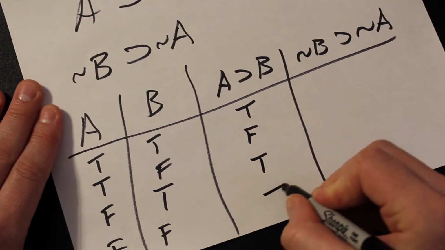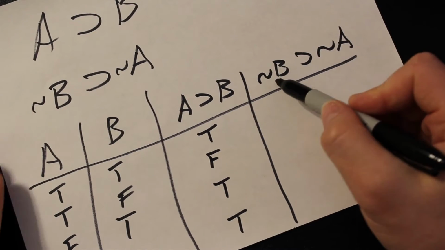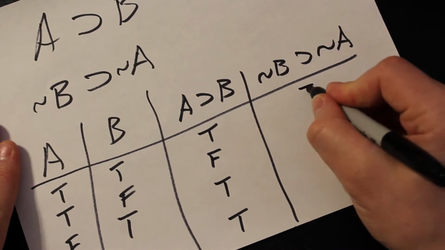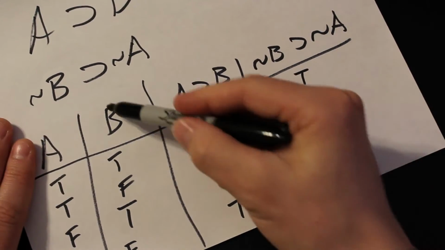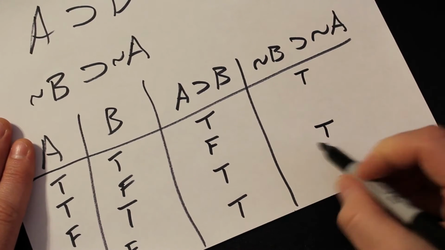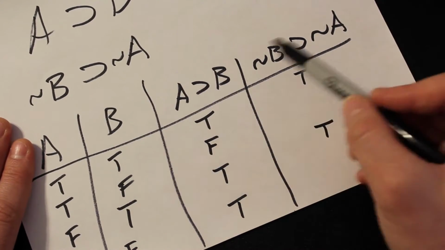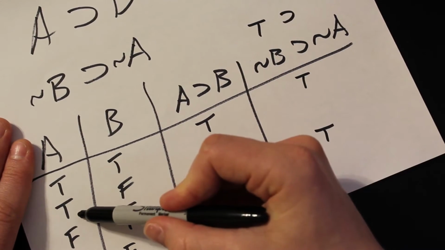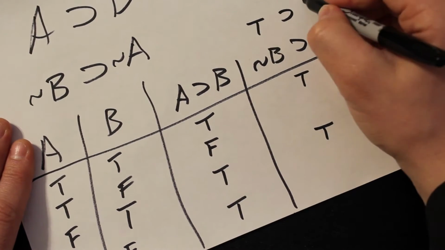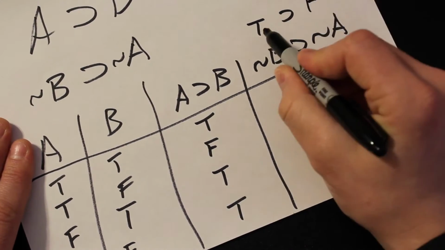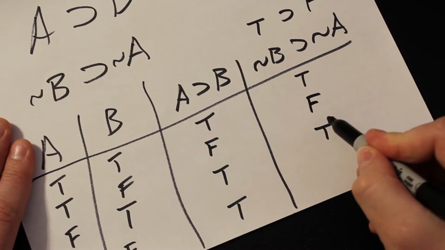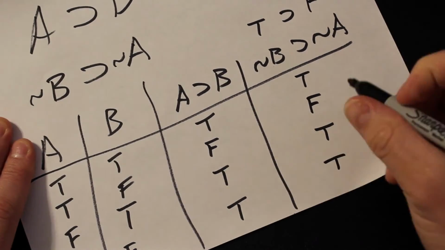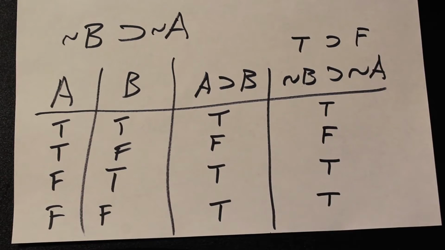Now look at not B. When B is true, not B is false, so this is automatically going to be true. Any situation where B is true, these come out true. Now when B is false, this becomes a true implying something. When A is true, not A is false, so true implies false, which is false here. Lastly, when A is false, this is a true implies true, so this is true. So it matches. These are actually logically equivalent.